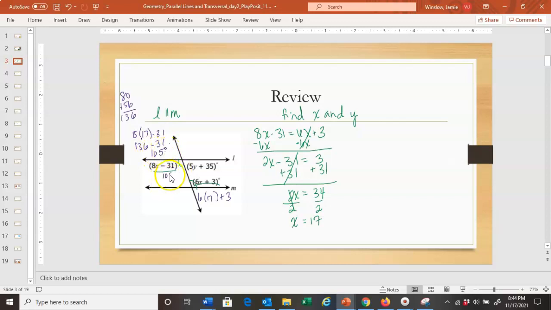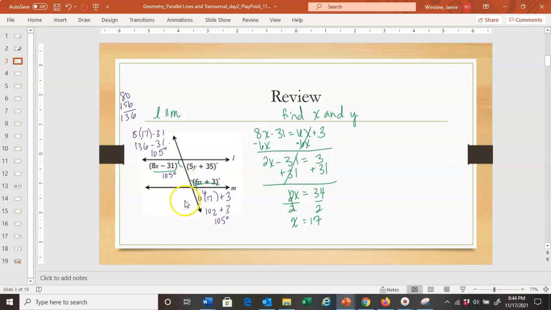And hopefully you got 105. Let's try this one. Oh, 6 times 7 is 42. And then 102 plus 3 is 105. We did our math right. So these angles are both 105.